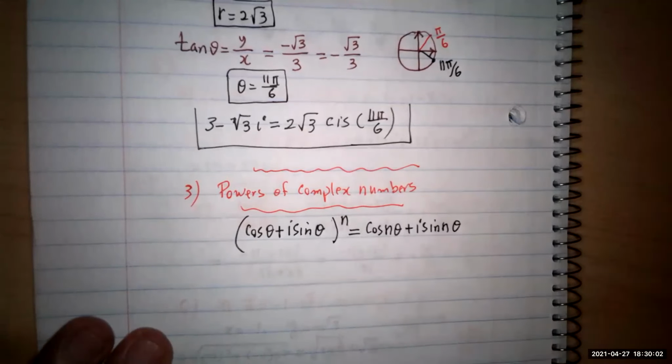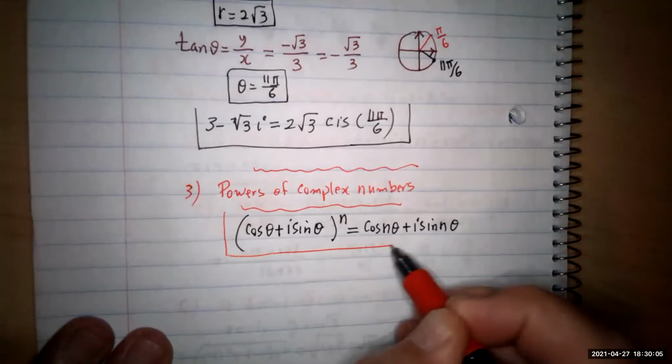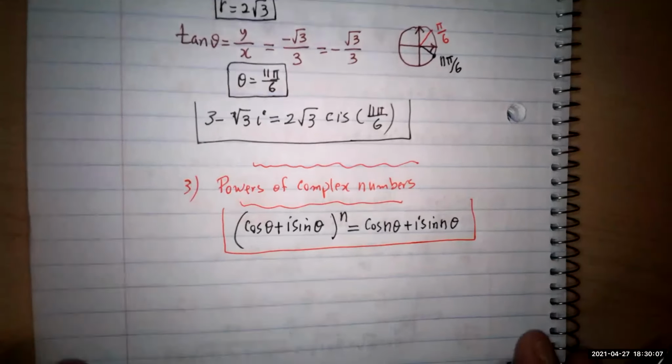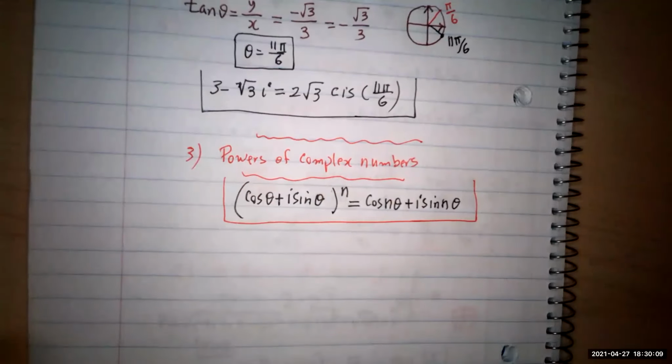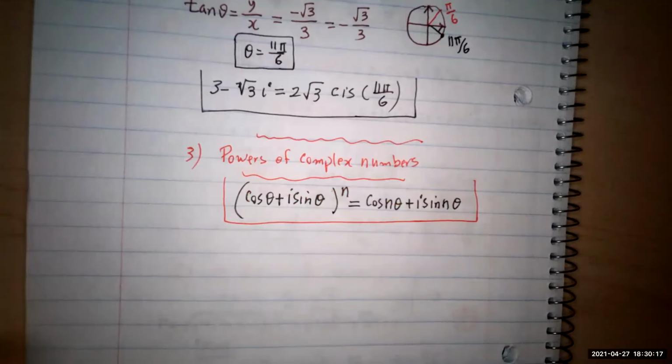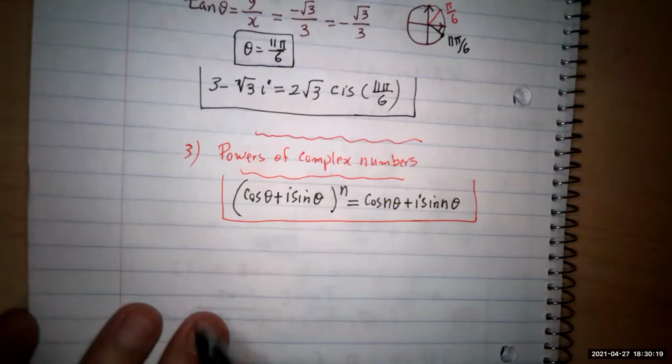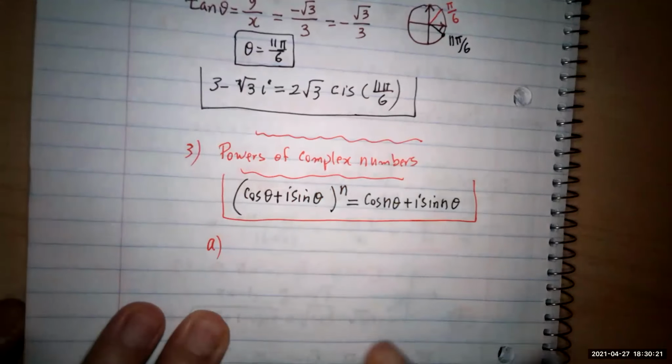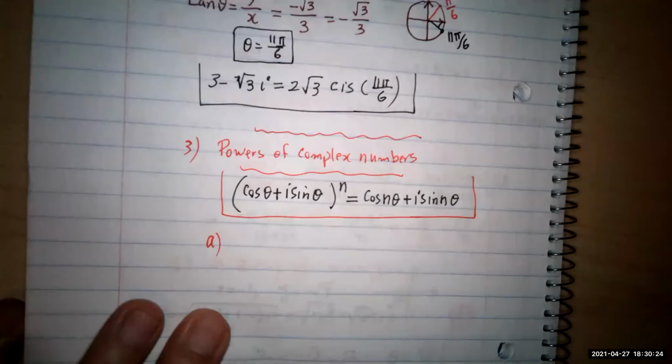You must know this formula to be able to do this type of question. Now they may give you 2 different forms. Part 1 is ready; it's already in polar form. So what they give you is this one.